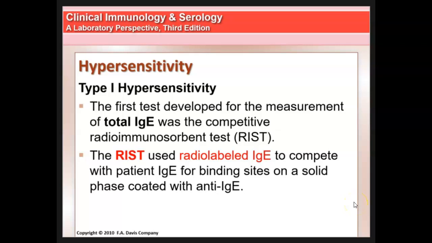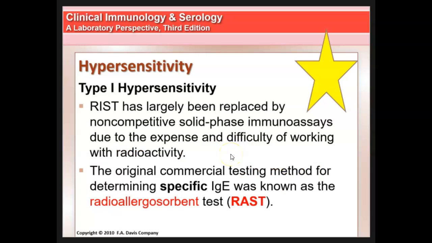So a test question might ask, what are the two tests used to determine type 1 hypersensitivity? And those are RIST and RAST. So RIST was a competitive assay for total IgE. And RAST is for the specific IgE.